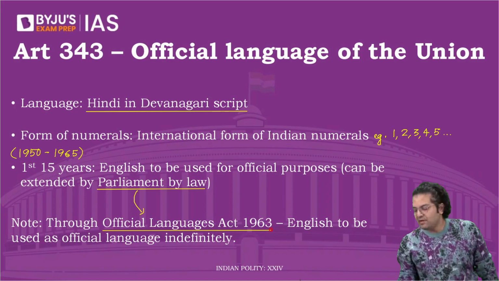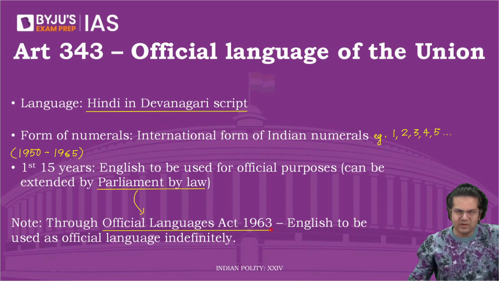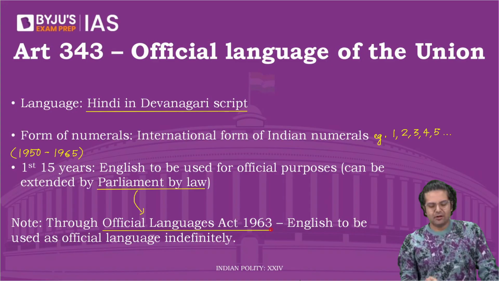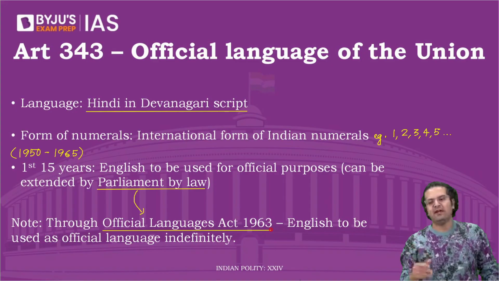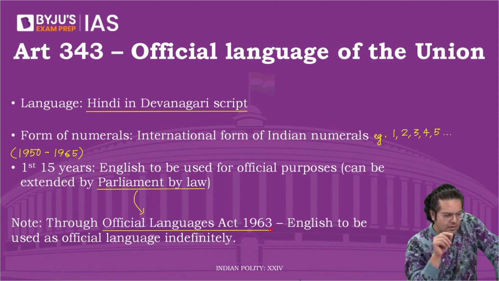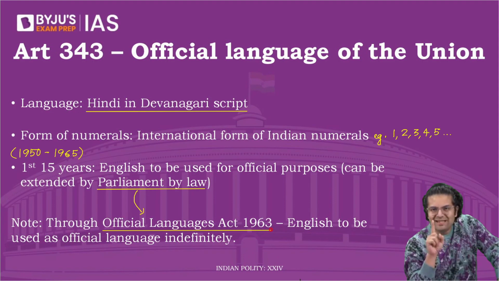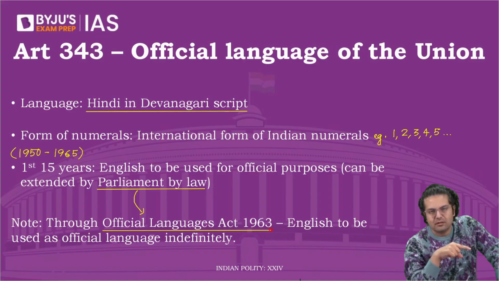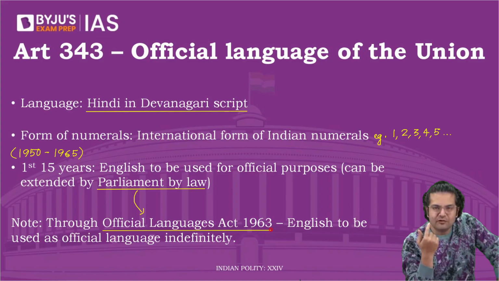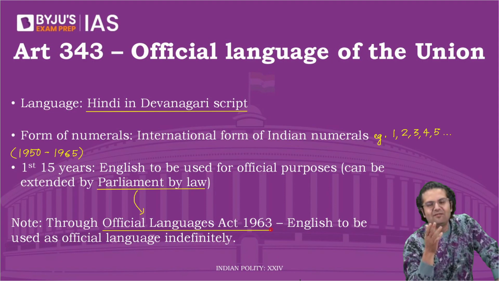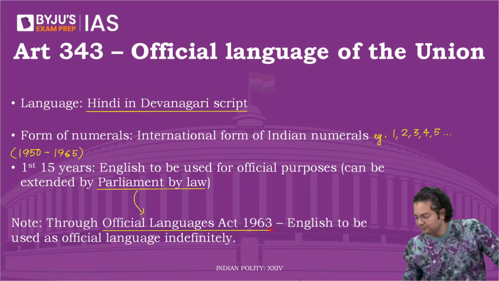Now, can we replace the use of English? Yes, we can. In 1967, the Official Languages Act was modified to add a clause that when non-Hindi speaking states pass a resolution in their legislature to allow the use of Hindi and remove the use of English, only then will the use of English be stopped.